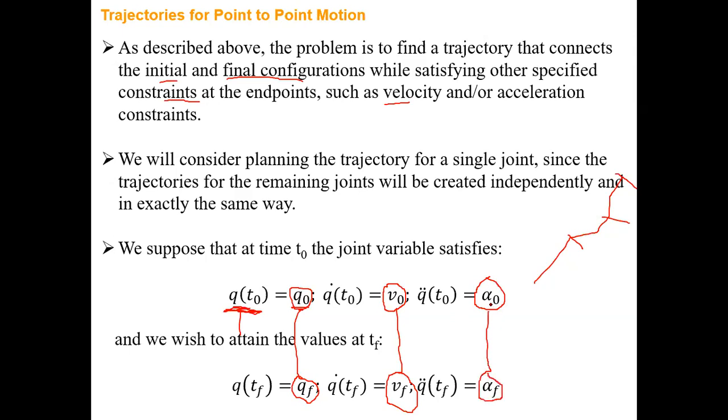When I say alpha, this could be either linear acceleration or angular acceleration, depending on what kind of joint you have. Similarly, velocity could be linear or angular, and displacement could be linear or angular. So we can have at most 6 constraints in this course, at this level.